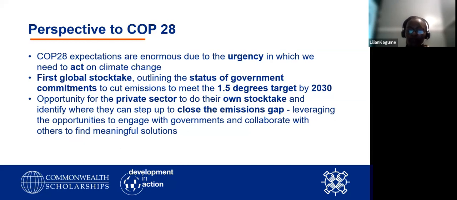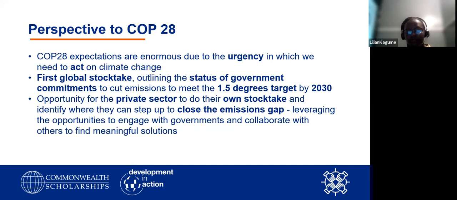Governments have what we call nationally determined contributions, NDCs, in which they have set out their own targets for cutting emissions to keep warming below 1.5 degrees by 2030. So COP28 is moving towards a stocktake of where governments are towards their NDCs.